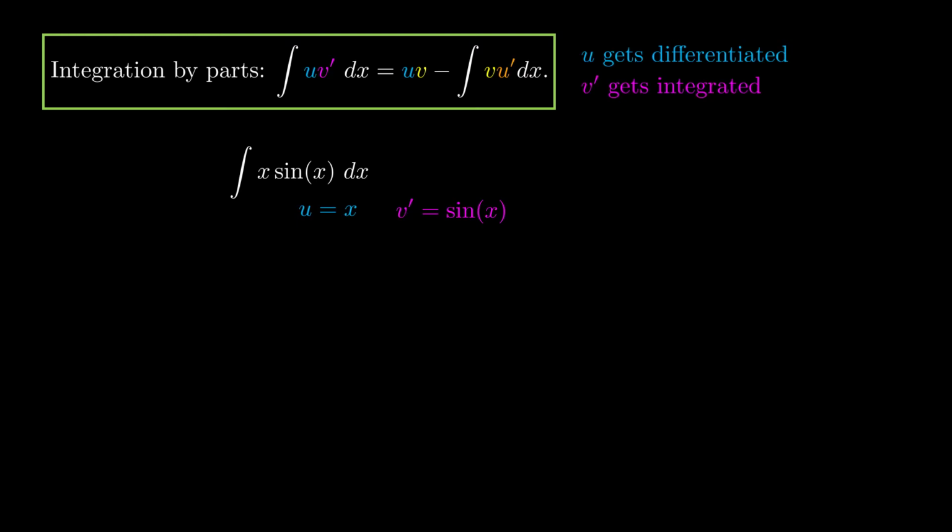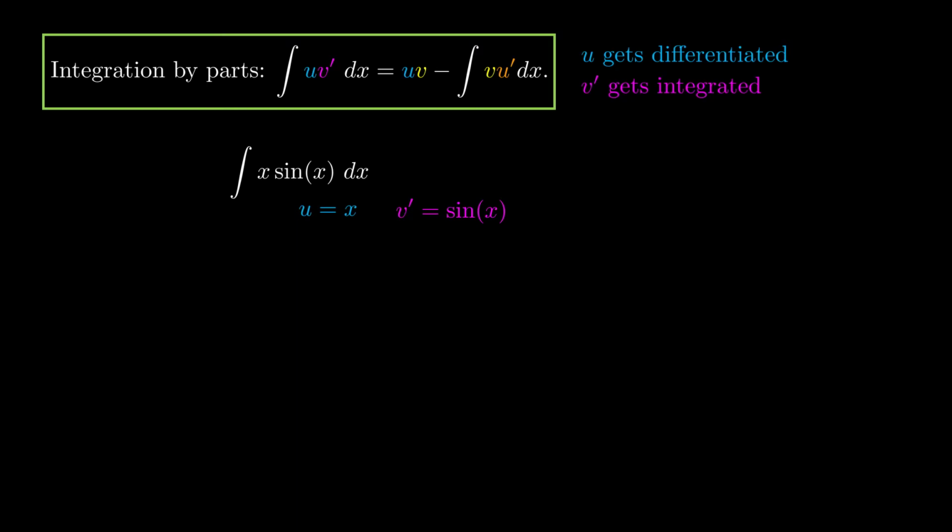So watch this. I've got an integral here where I've chosen u to be x and v dash to be sine x. Why have I done that? Because if I differentiate x, it becomes simpler: x becomes 1. Whereas if I integrate x, it becomes x squared over 2, and I've made things worse. For sine x, it doesn't matter whether I differentiate or integrate.